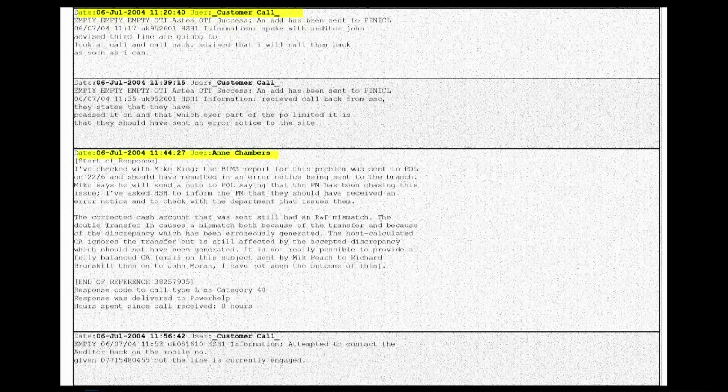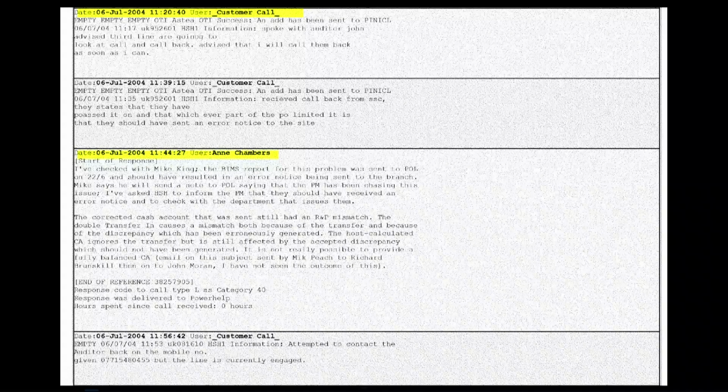So you say that a BIMS notice was sent, in fact, way back on the 22nd of June, and should have been sent to the branch? Should have resulted in an error notice being sent to the branch. Yes. Did you speak to the auditor at all?